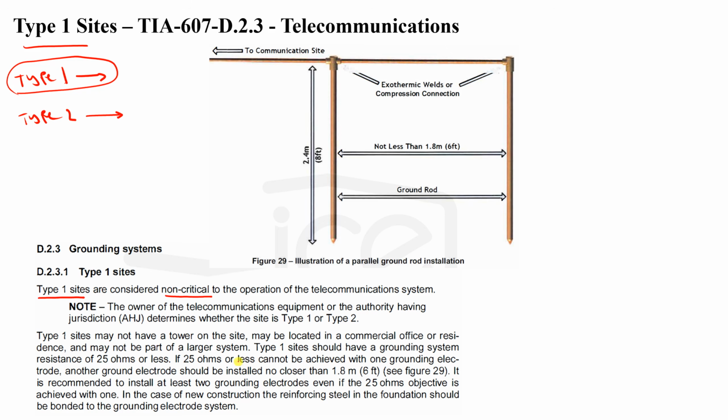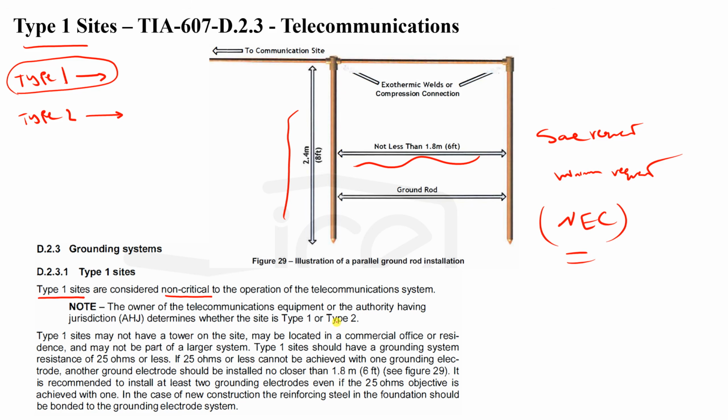It tells you that if 25 ohm is not achieved with one electrode, just add another one no closer than 1.8 meter or 6 feet distance. As you can see, same requirement as the minimum requirement in the NEC, which I have shown before for type 1. So you don't need to achieve the 5 ohm objective.